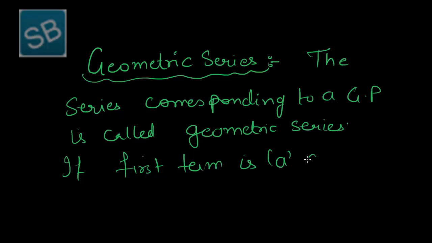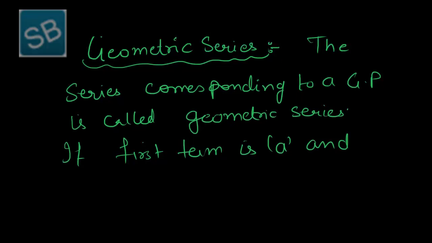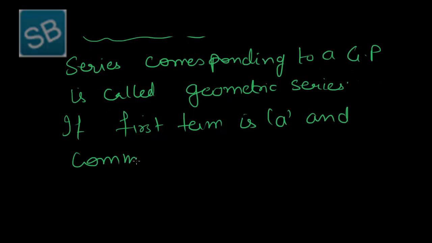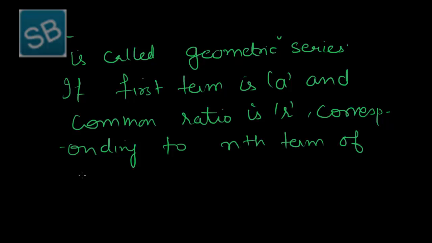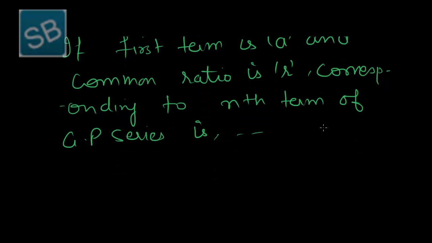is A and common ratio is R, then corresponding to nth term of GP series is sum of nth term of GP, that is geometric progression.